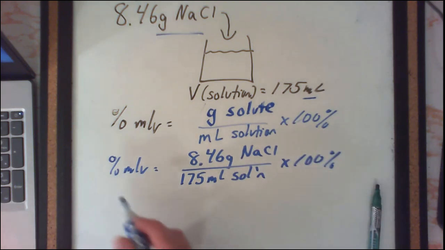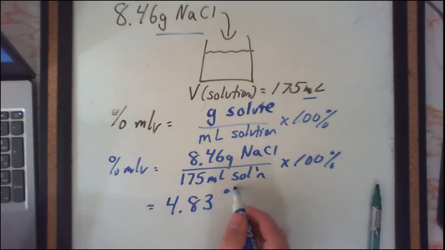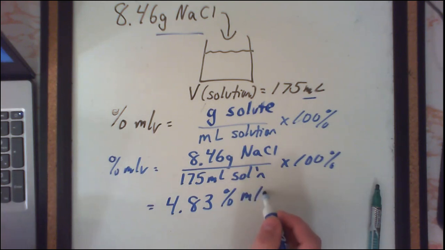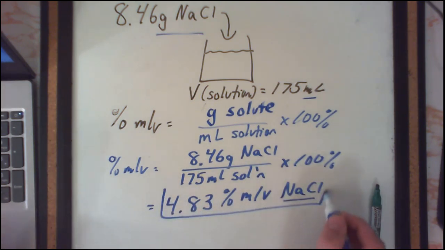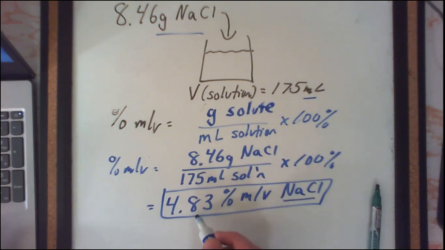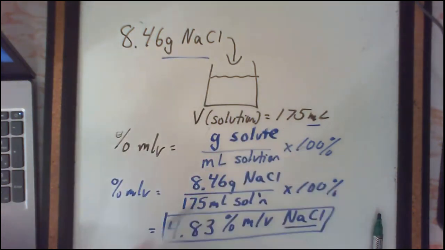Gives us then a percent mass over volume of about 4.83% mass over volume of sodium chloride, where we always identify as part of the description of the concentration what the solute actually is. So that's how we would label this solution as 4.83% mass over volume sodium chloride prepared by dissolving 8.46 grams sodium chloride in 175 milliliters of total solution volume.